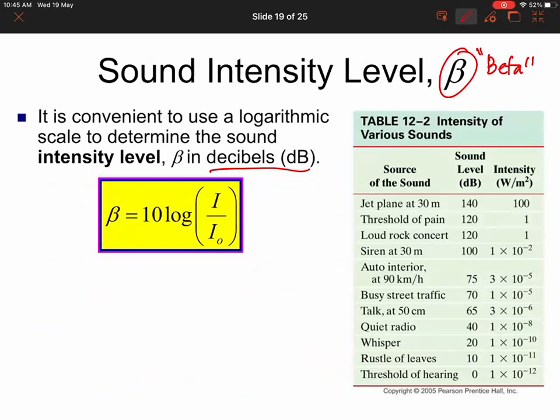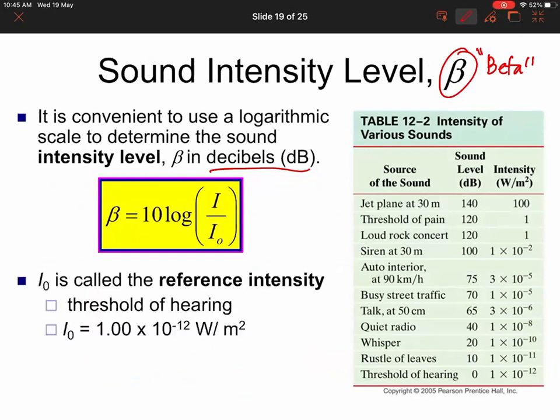Okay, so let's take apart this equation here. I0, that's called a reference intensity. That's the threshold of hearing, so the lower limit for the sound intensity that the human ear can hear, assuming perfect hearing.